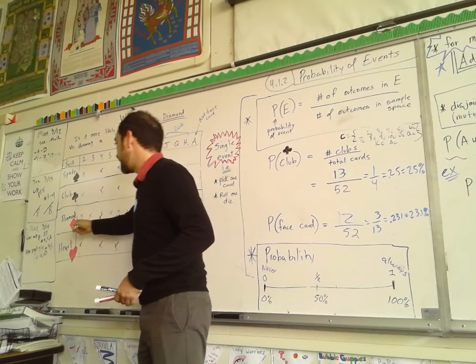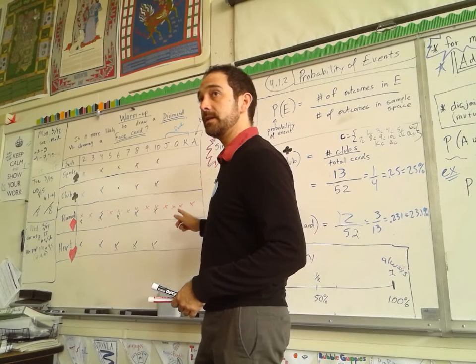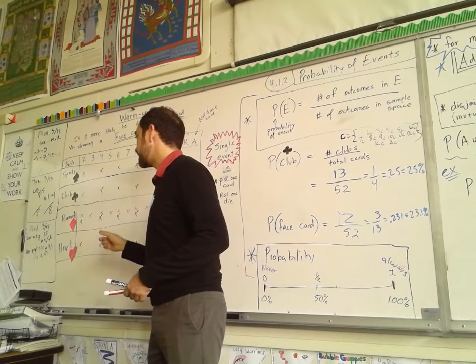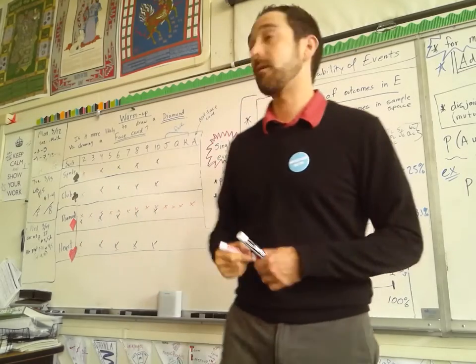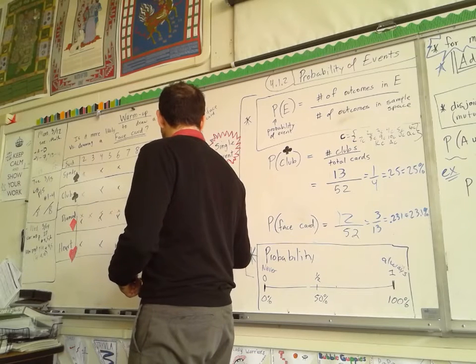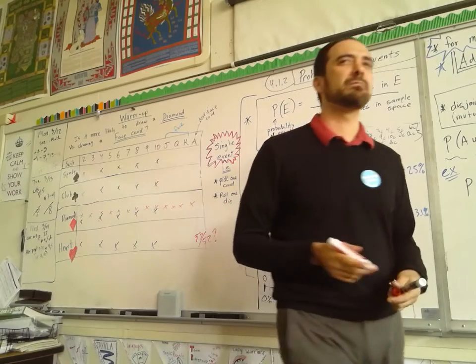Diamonds, I have 13. So is the probability of drawing a diamond or an even 20 plus 13, 33 out of 52? Is that right? 33 out of 52. What do you think?